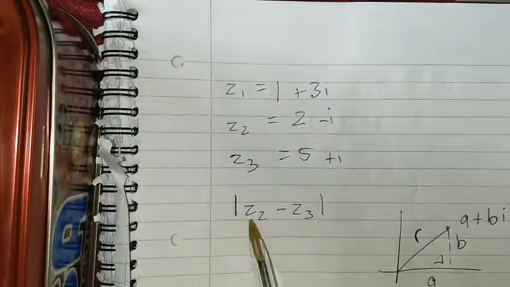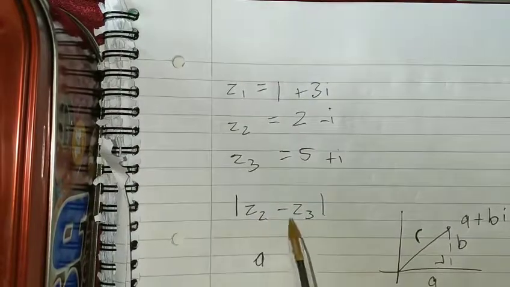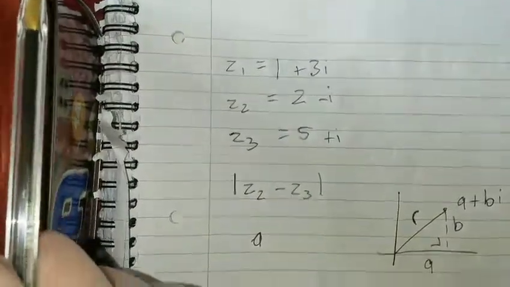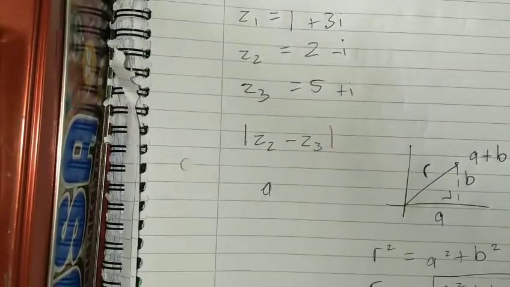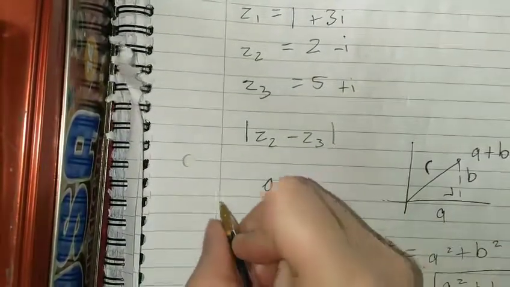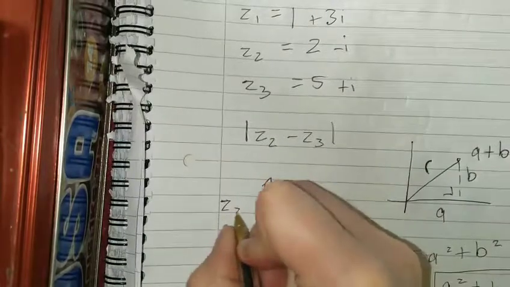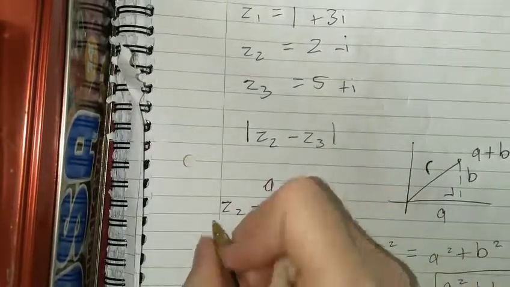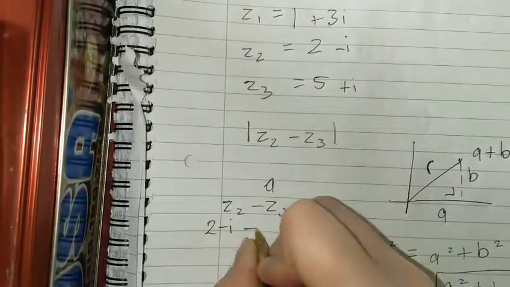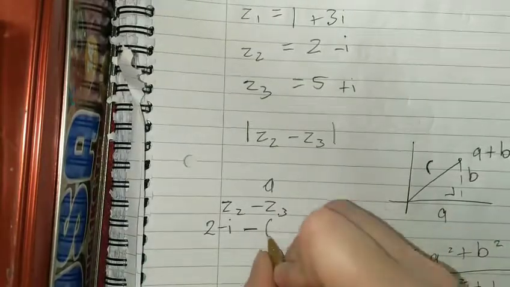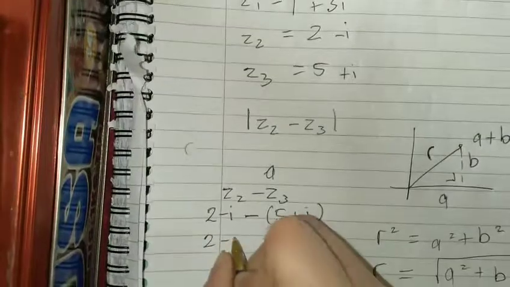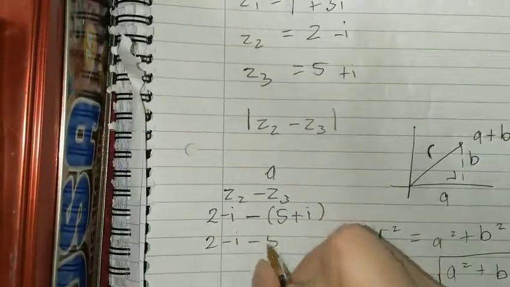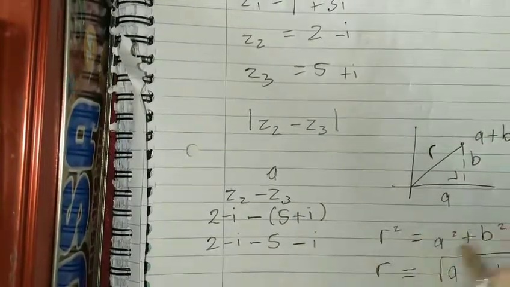So the first thing we want is the modulus of Z2 minus Z3. So the first thing we're going to have to do is get Z2 and subtract Z3 and then get the modulus of that. So Z2 minus Z3, so Z2 is 2 minus i, and I'm going to minus all of Z3, so I'm just going to use a bracket. So 2 minus i, so that'll be minus 5 and minus i.